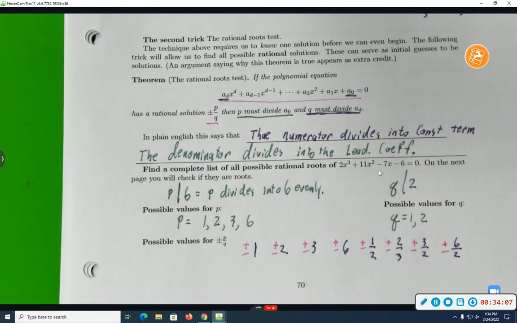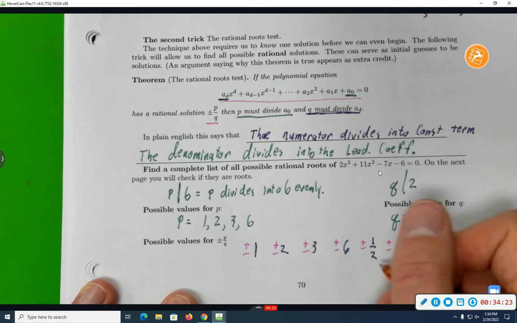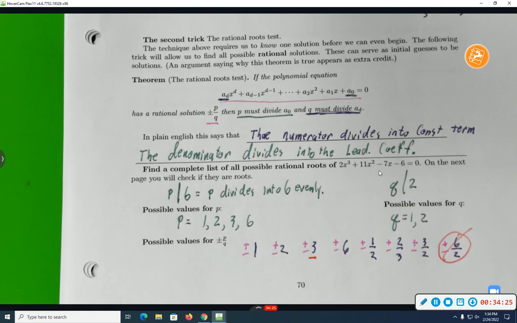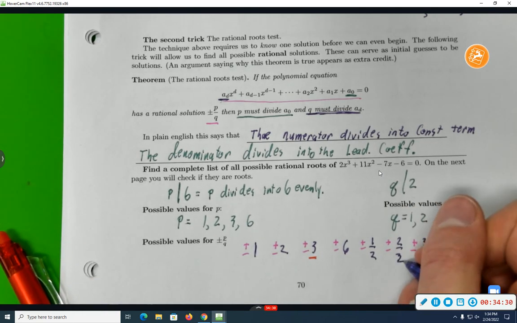So right now it looks like that's, what, 8 times 2 is 16 candidates? Is there any redundancy in this list, though? Yeah, what things can I erase because they're already on the list? 6 over 2, because that's already there as 3. What else? 2 over 2. That's a really poorly drawn 2 over 2.